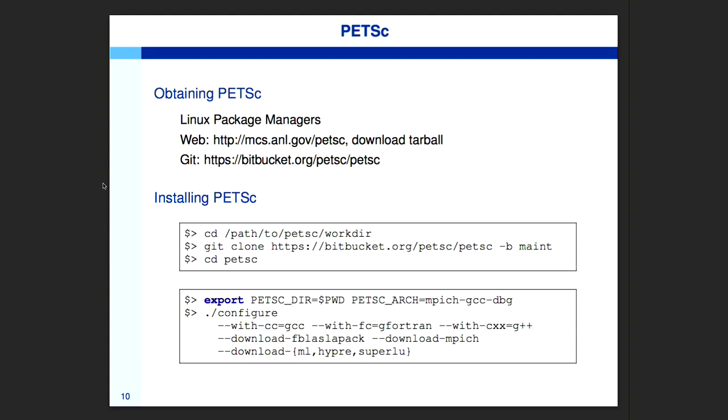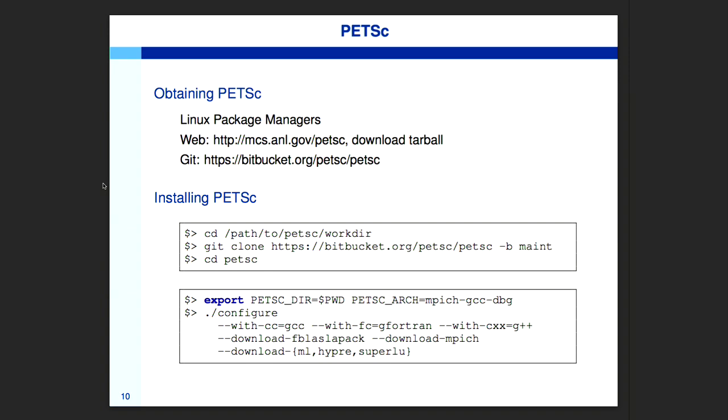So it's possible to obtain PETSc by using our Git repository. You can also download a tarball if you like. And once you download the package, you can configure it with various options, including installing some of the external software that we talk about today.